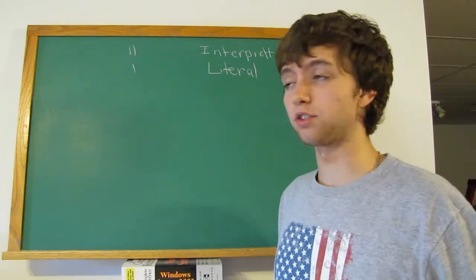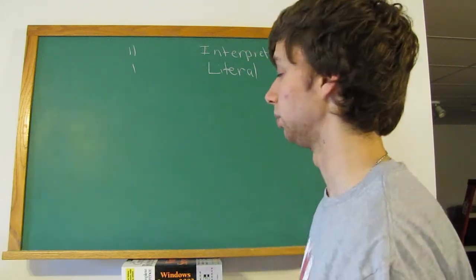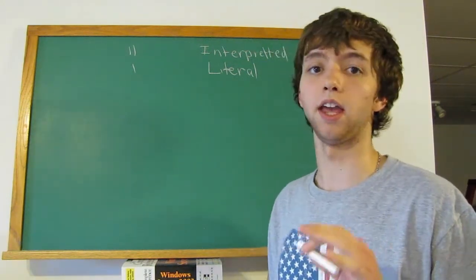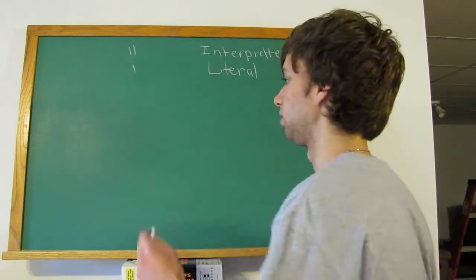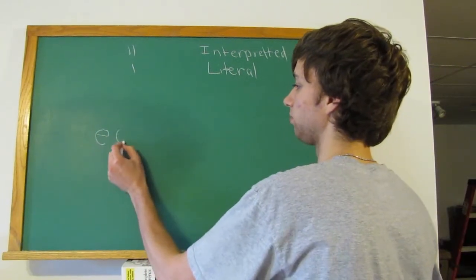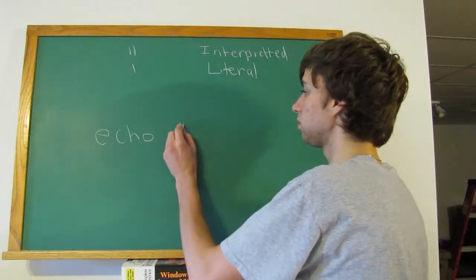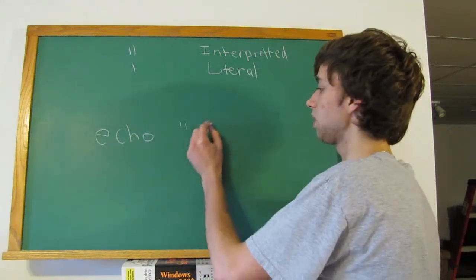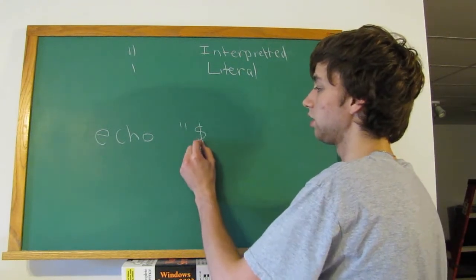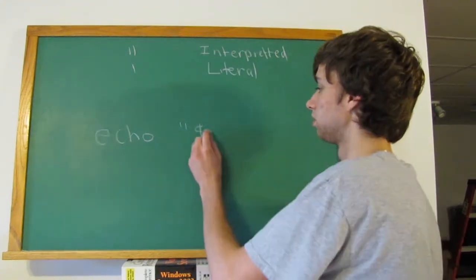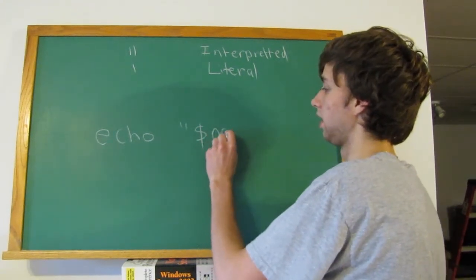So, as you may or may not know, when we display a string, you can use echo, for example. We could say echo, and then within double quotation marks, we could use a variable name.